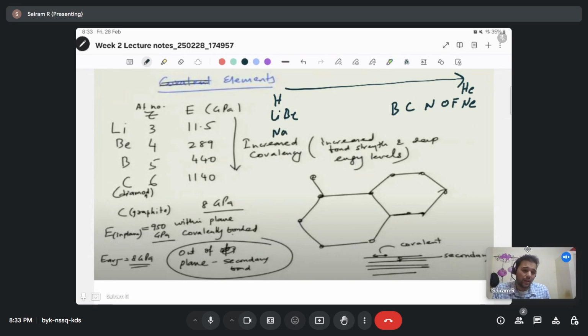I guess it is sodium. Whatever it is, when we go across the table, we see that the bonding keeps increasing. The strength of the bonds keeps increasing, and so does the elastic modulus. It keeps increasing as we move from the left to the right of the periodic table.